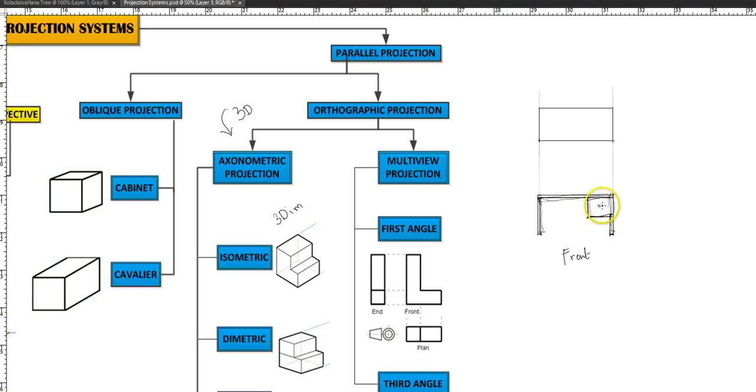Alright, so we have the front and we have the top view. I can even have the side view. But again, if you're looking at the side view, we're looking this way, right? So all we are looking at is the side of our desk.